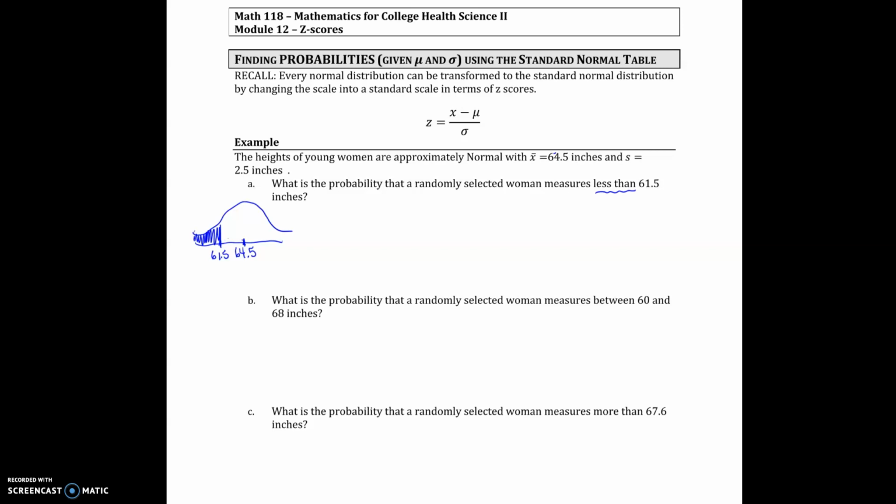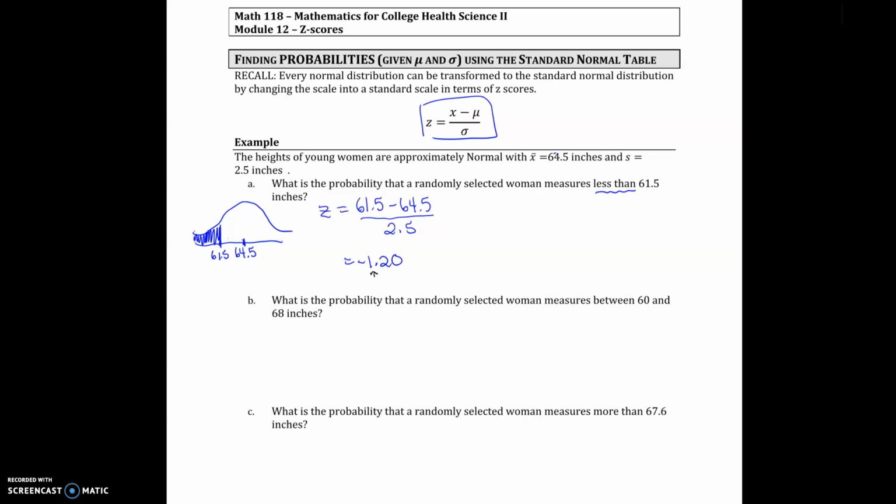So again, what I'm going to have to do first is transform 61.5 into a z-score. I need to figure out how many standard deviations 61.5 is below my mean value of 64.5. So I use my formula: z is equal to x minus mu divided by sigma. I calculate my z-score, and in this case, it's negative 1.20.